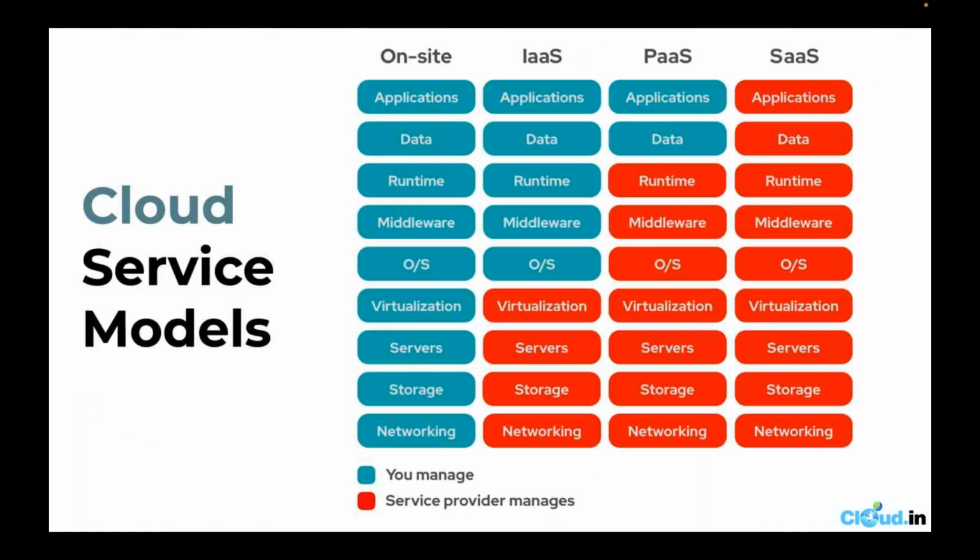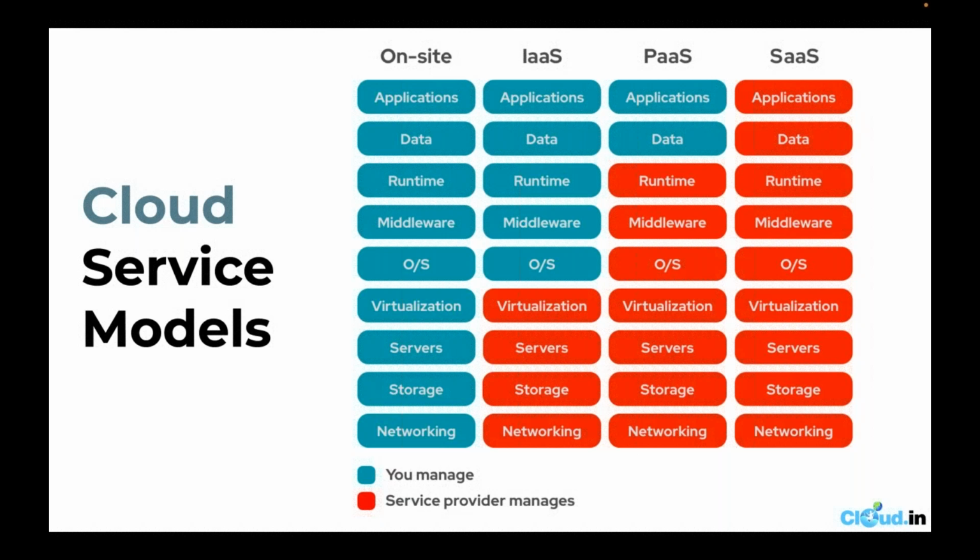So talking about the service models, these three service models are available across all three public clouds, whether it be AWS, GCP, or Azure. Okay, so first of all, how to choose a service model? It clearly depends on the use case or the current infrastructure you have.